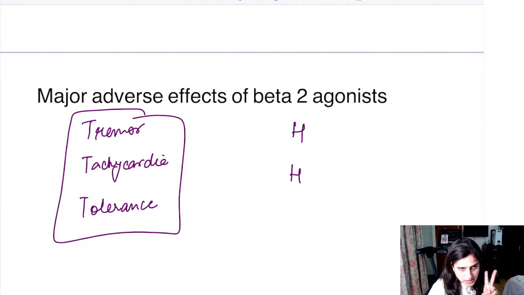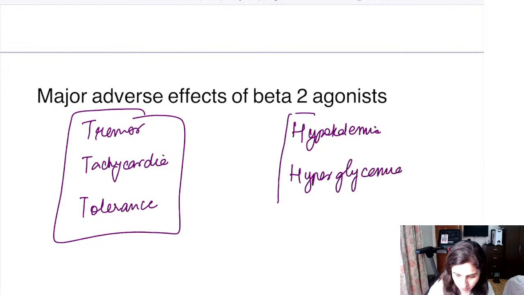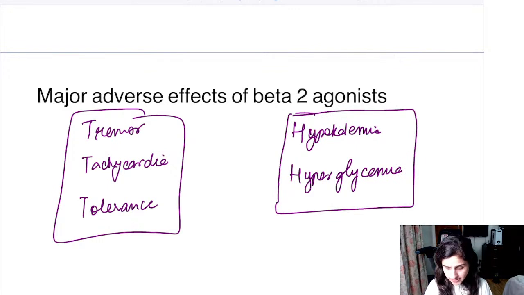These are the T adverse effects. From H, one is hypokalemia. First it is hyper, then it is actually hypokalemia when prolonged, and it can cause hyperglycemia because of glycogenolysis and gluconeogenesis. So, 3 T's and 2 H's here.